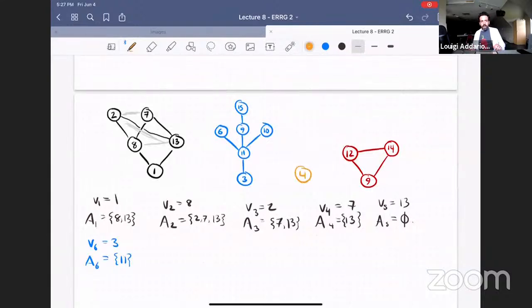Yeah. Right. So are there any more questions about the definition of the procedure? So the point I was making with these gray edges, let me write that down.